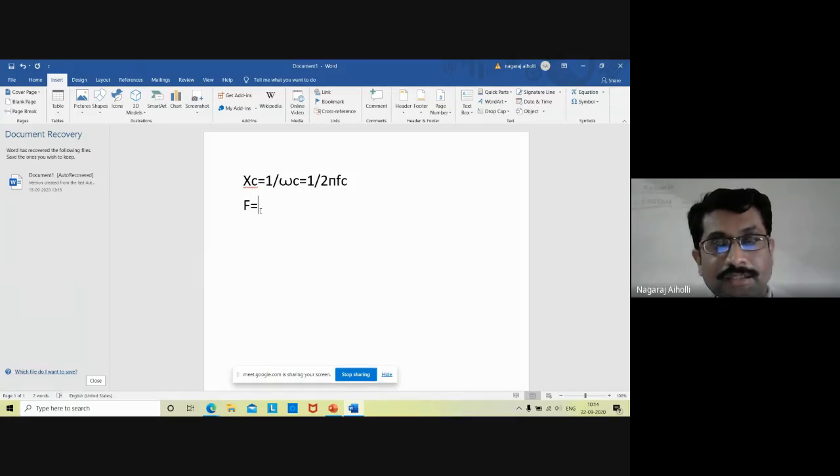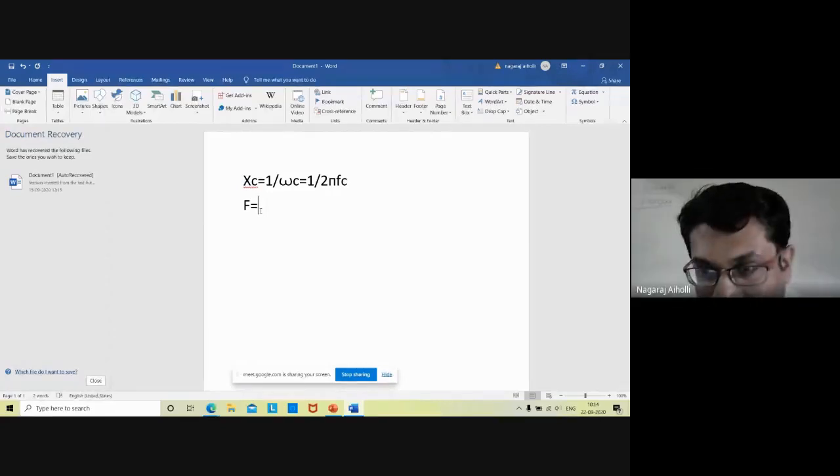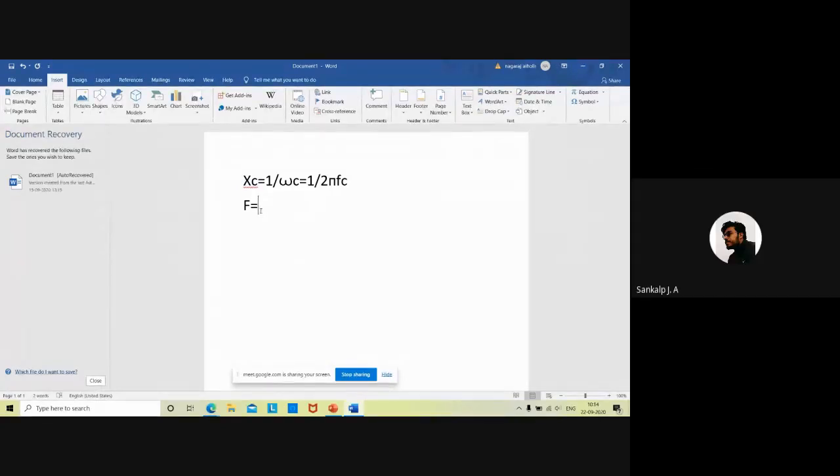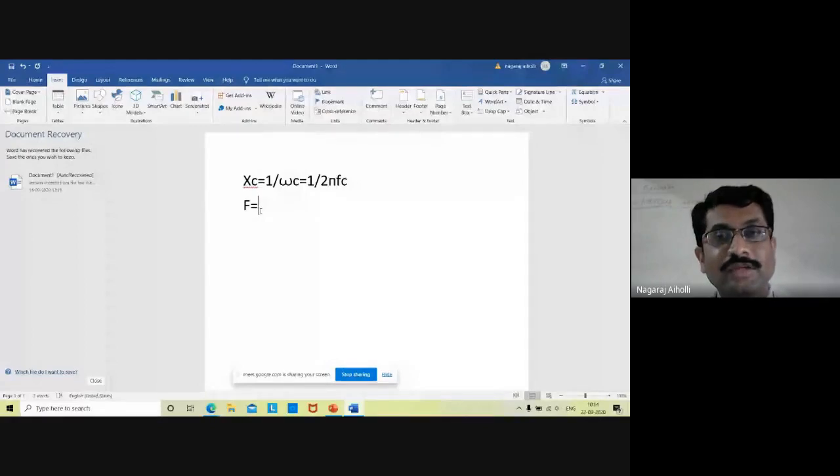Zero. Very good. The DC signal frequency is 0 because it is fixed, constant, not varying and not alternating.